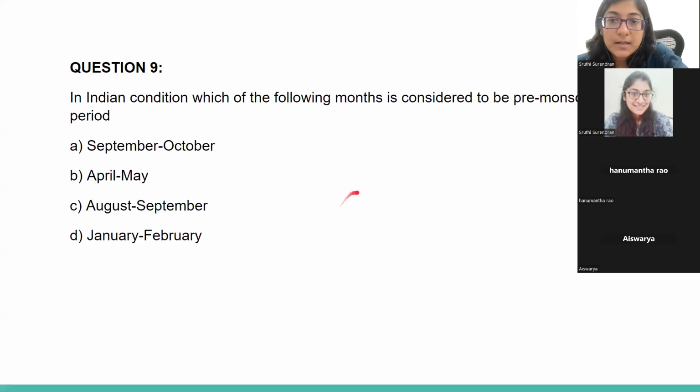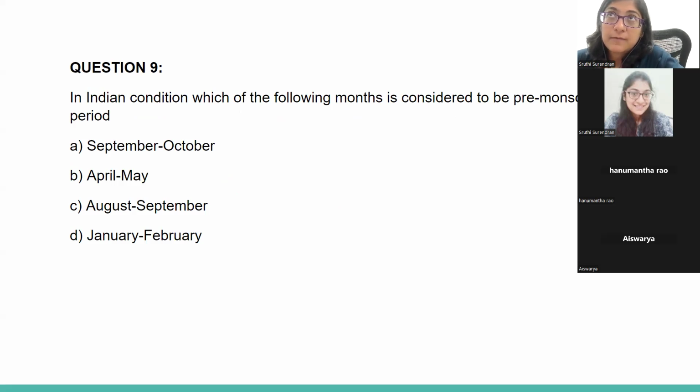Which period in India is considered to be pre-monsoon? We know there are four seasons in a country: monsoon, post-monsoon, winter, and summer. I'm sorry.